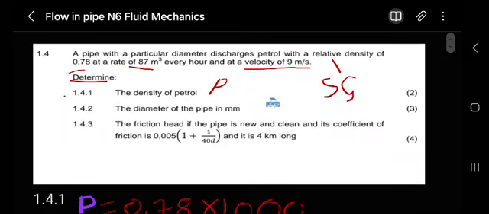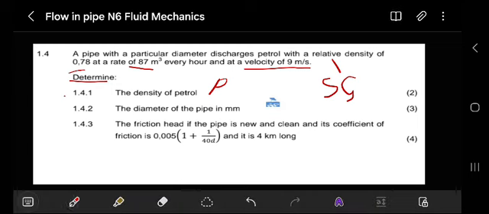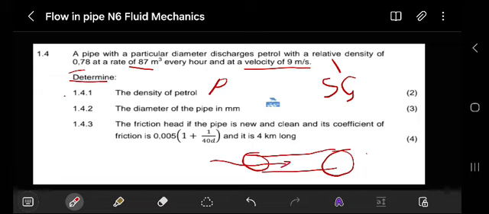We're given a single pipe with petrol flowing in it, so we are given Q, the rate.